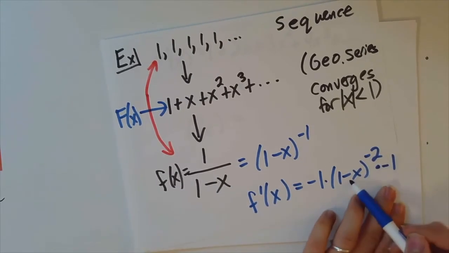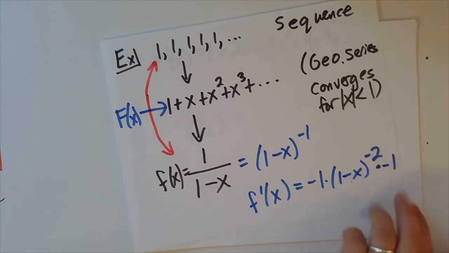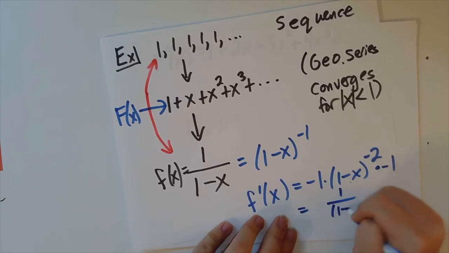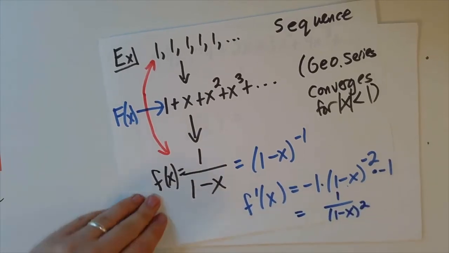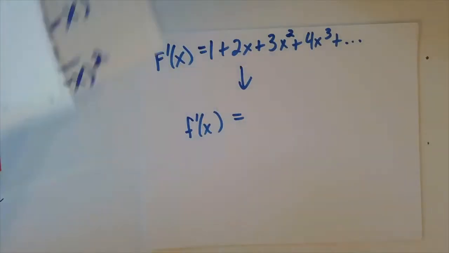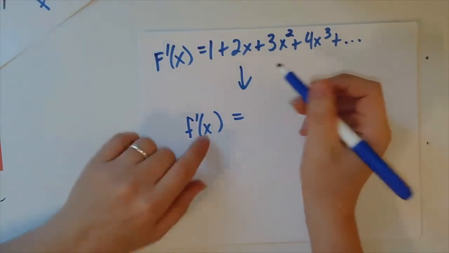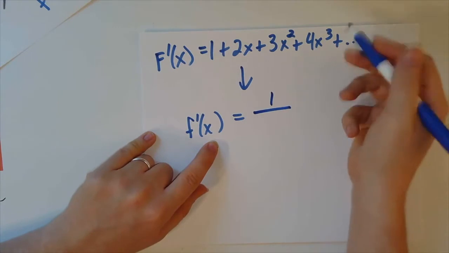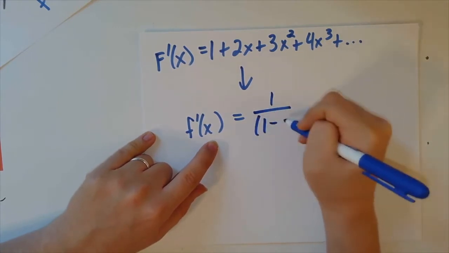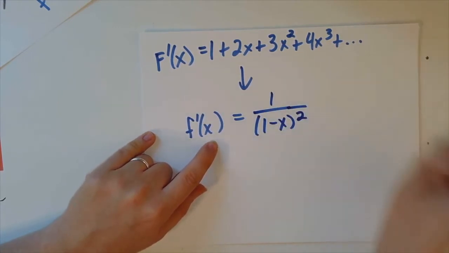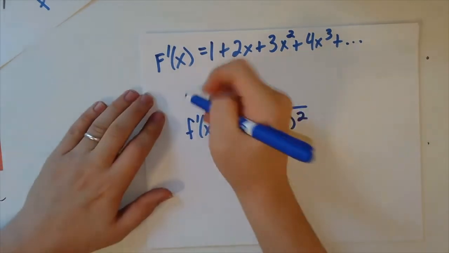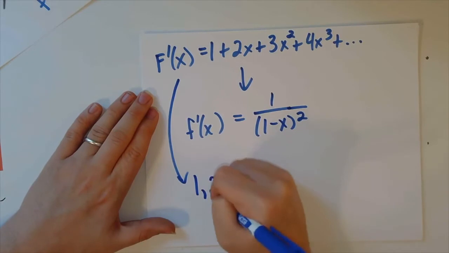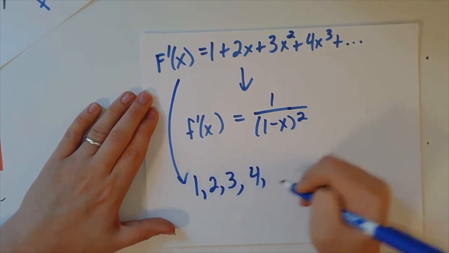We multiply by the derivative of the inside piece, and so the point is these two minus 1s cancel, and I get 1 over (1 minus x) squared. And so in this trifecta here, the function that goes with this power series is 1 over (1 minus x) squared. And likewise, the sequence that this is associated with would be the sequence 1, 2, 3, 4, and so on.